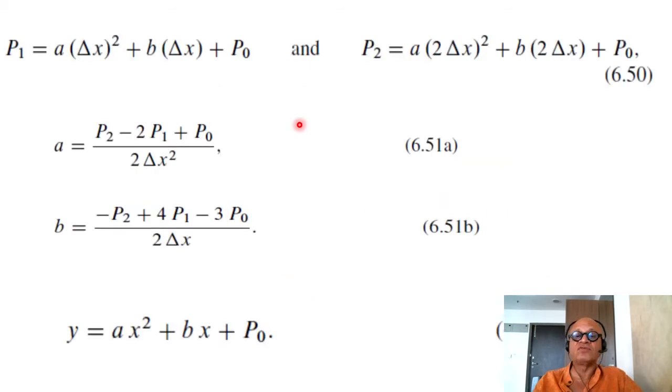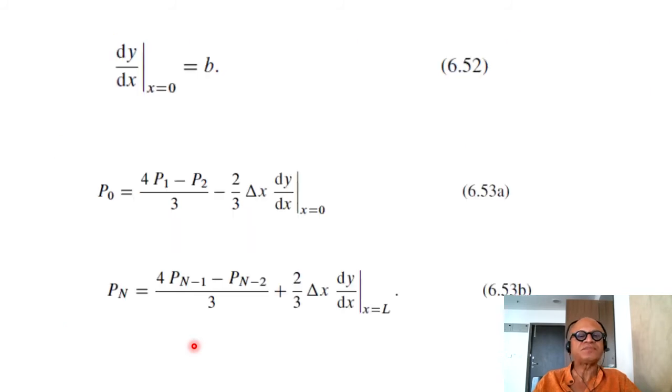We have to solve for those. So we solve together for A from here, (P2 minus 2P1 plus P0) over 2 delta x squared, B as (minus P2 plus 4P1 minus 3P0) over 2 delta x, and plug it into y equal to a x squared plus b x plus P0.